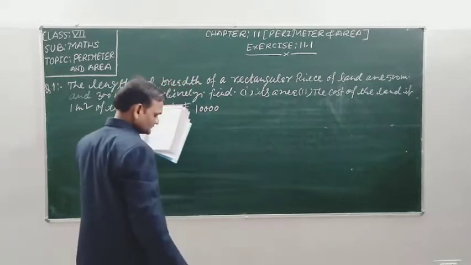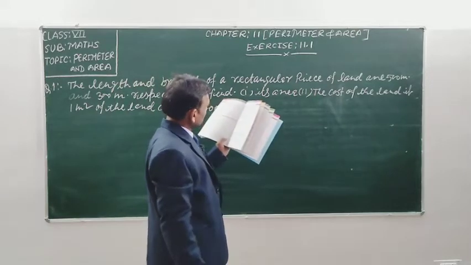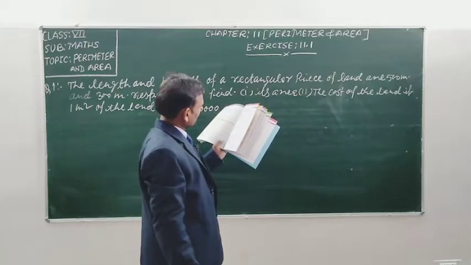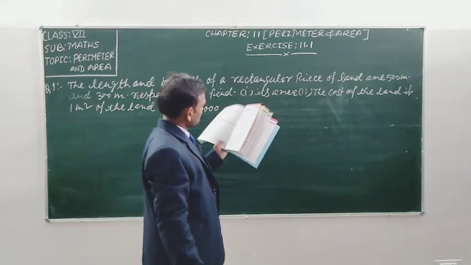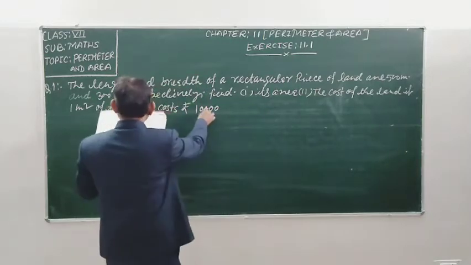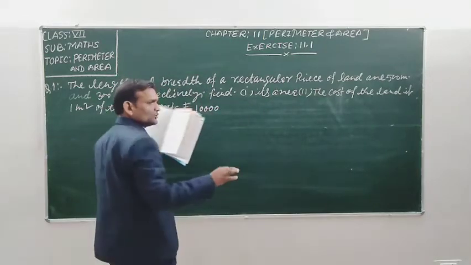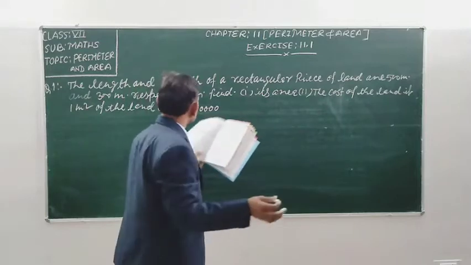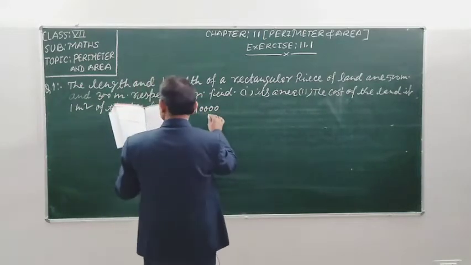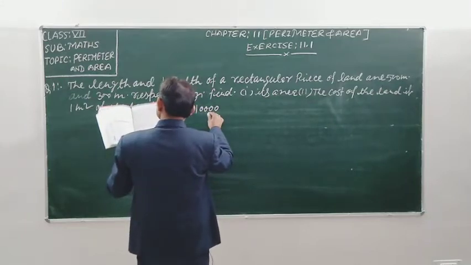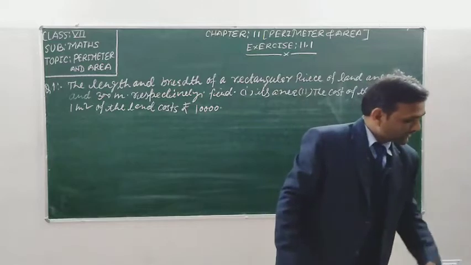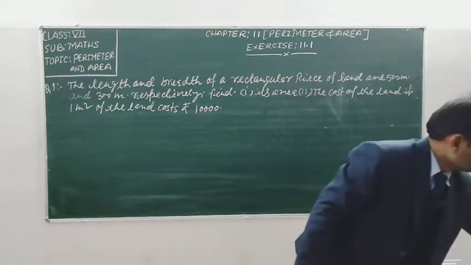You will check in your book whether this is 10,000 or 1,000. In my book this is a misprint. Perhaps I am taking 10,000. Maybe in your book 1,000 is given, so you will write 1,000. Otherwise, it doesn't matter. 10,000. So, student, this is the question.